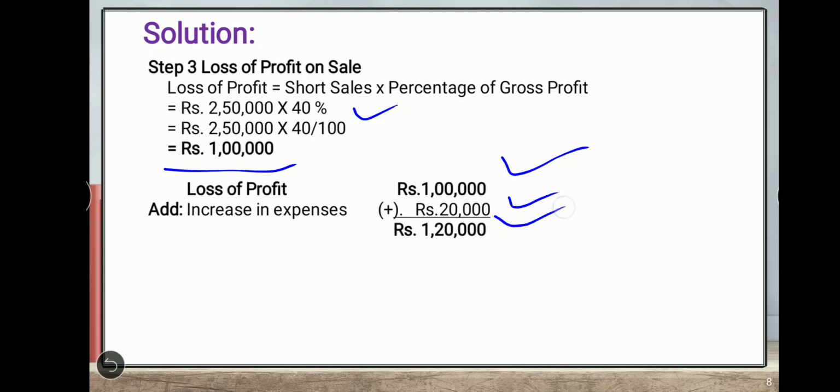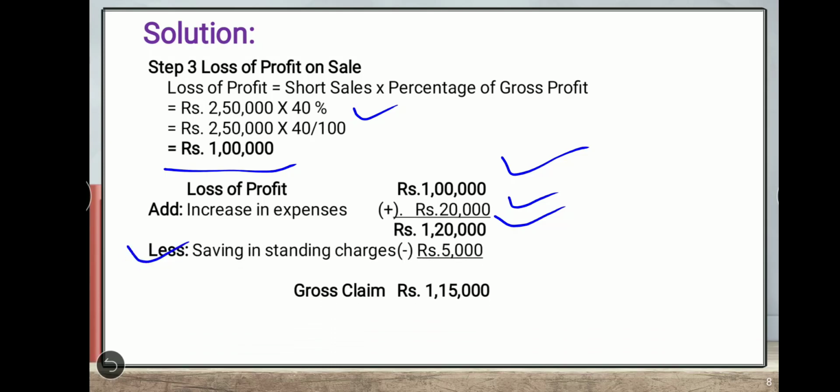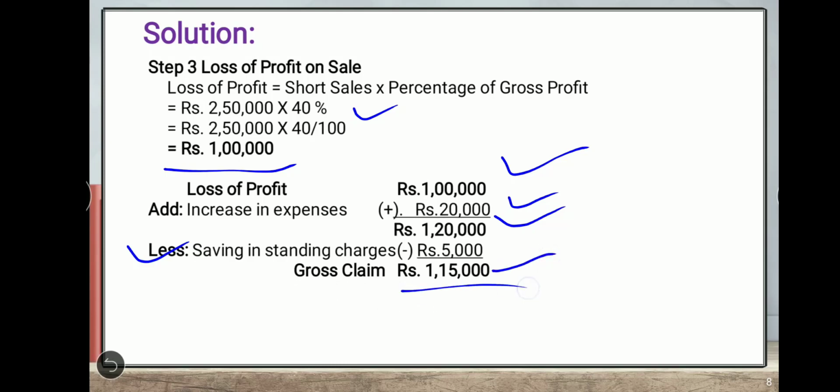Now there is also saving in standing charges, which is rupees 5,000. So we have to less it. So less saving in standing charges rupees 5,000. So gross claim is equal to 1,15,000. Is that clear?